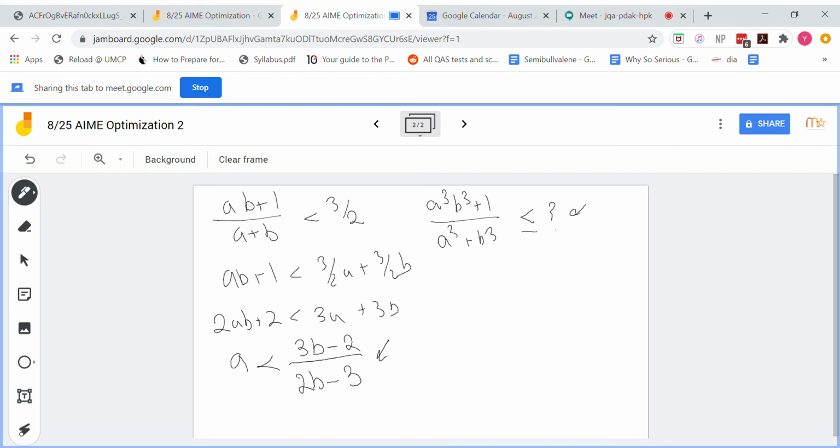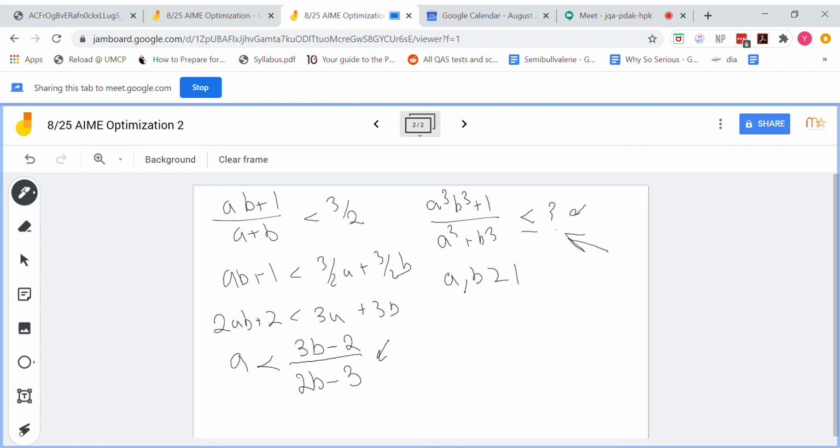So now let's see what that has to do for us over here. How might we go about doing this? Let's try trial and error first. a and b are positive integers, so they're at least 1.